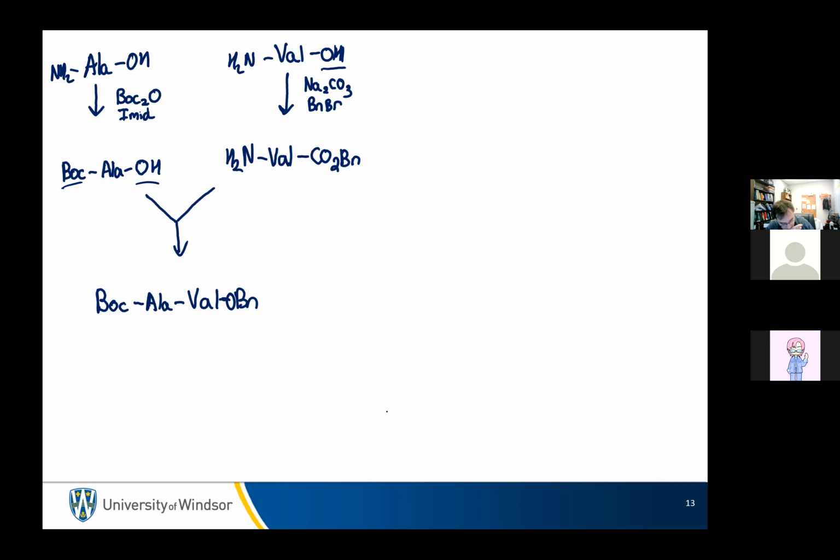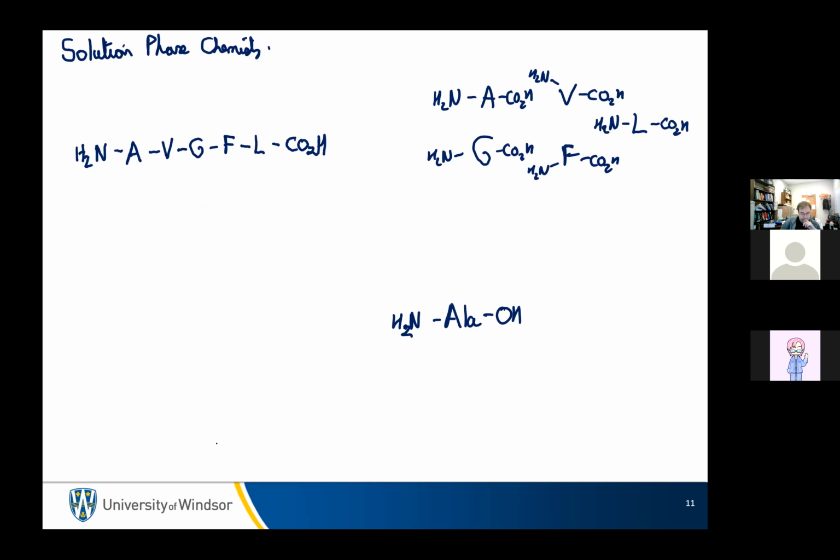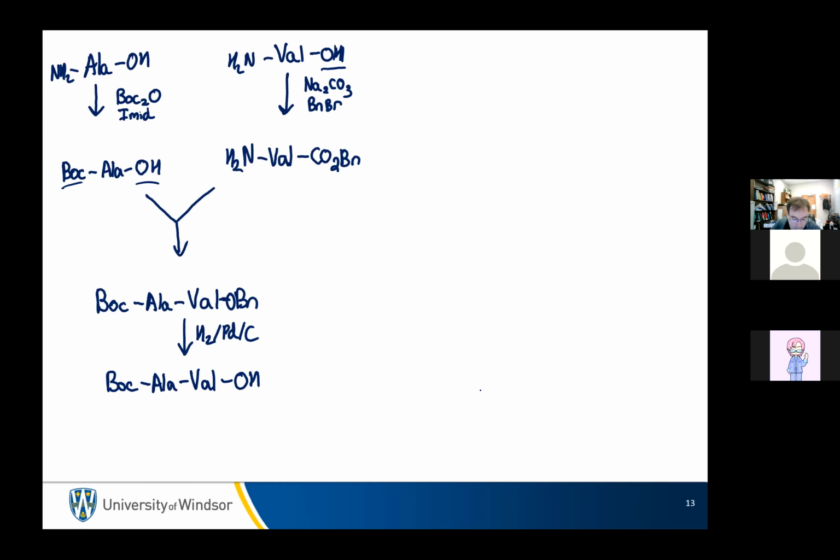To protect the acid from the V group, and in order to be able to have it. And for the next amino acid, we need the amine group. So there's no need to protect the amine group, just protect the carboxylic acid. And there's no reason to make our life harder.